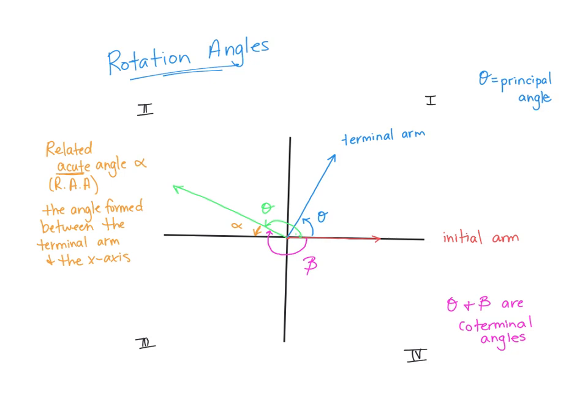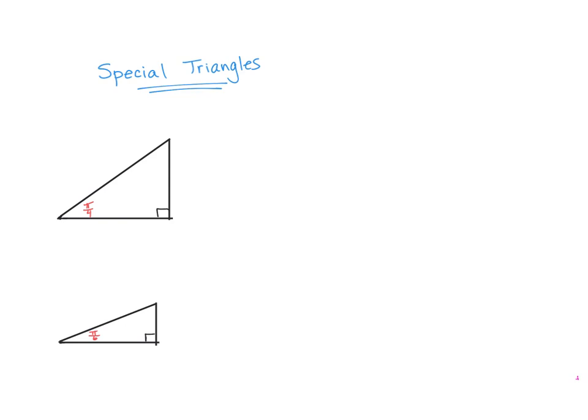So there's just some terminology from last year just to remind you of our rotation angles that I will be using throughout the course of this lesson and in our upcoming lessons. The next portion of our lesson that we need to review are our special triangles, because we will be using these special triangles for the next week in the calculations that we do.